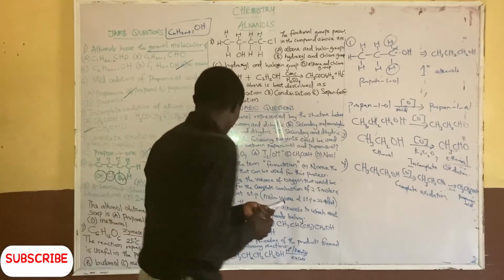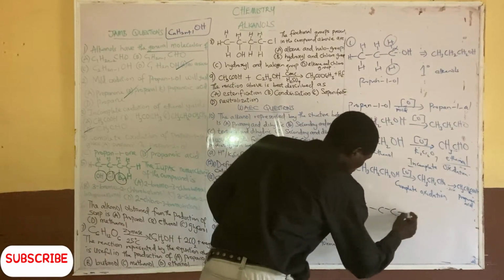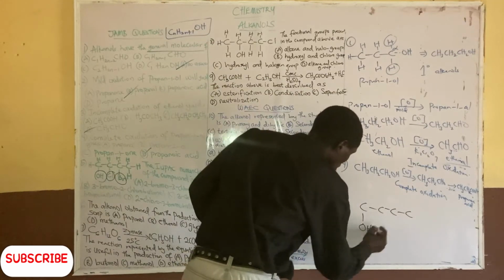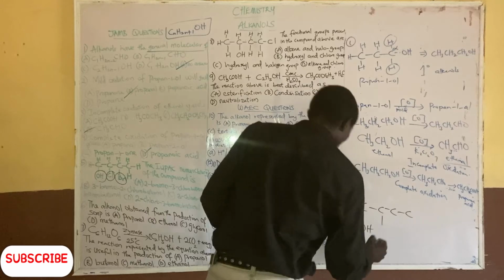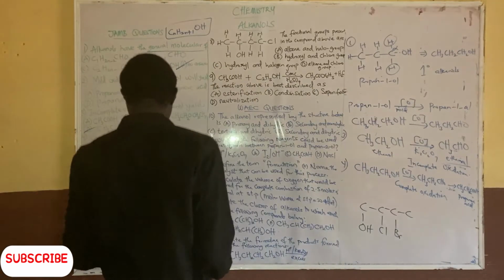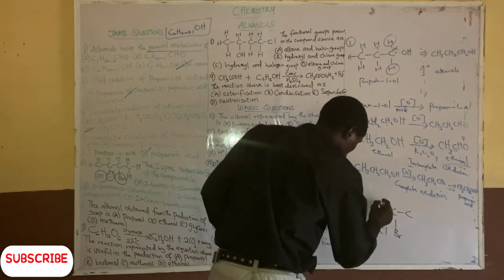So let me even bring it out for clarification. So C, we have OH here, chlorine, bromo, then we fill the rest with hydrogen.